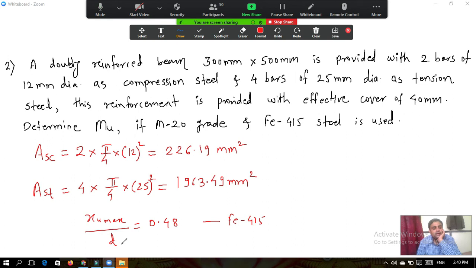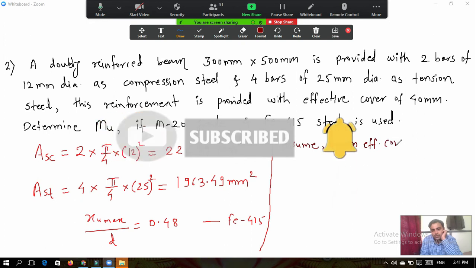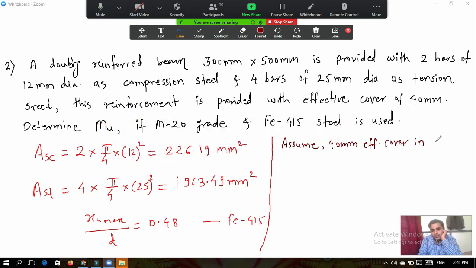Now for XU max by d, we should take the effective depth. In the problem, overall depth is given. So for that, I will write: assume 40 mm effective cover in tension as well as in compression zone.